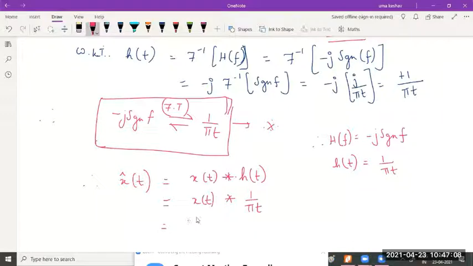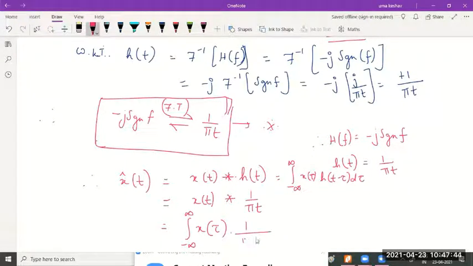Can you define the convolution integral for this? The convolution integral will always vary from minus infinity to plus infinity, and we usually change the parameter to tau. So the first signal x of tau into the second signal h of t minus tau we would take. I will write minus infinity to plus infinity x of tau h of t minus tau d tau. This is how we'll write the convolution, right?